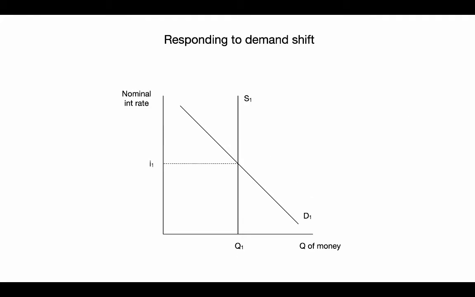Now, one other interesting thing to think about is what happens if demand for money increases and the Fed is targeting that short-term interest rate. Remember, they're targeting the Fed funds rate. If you think of this as similar or equal to the Fed funds rate, and this is what changed, the Fed, if they haven't changed their target, needs to respond, because they're saying, oh, interest rates are higher, but we're targeting this interest rate at I1. What do we have to do?